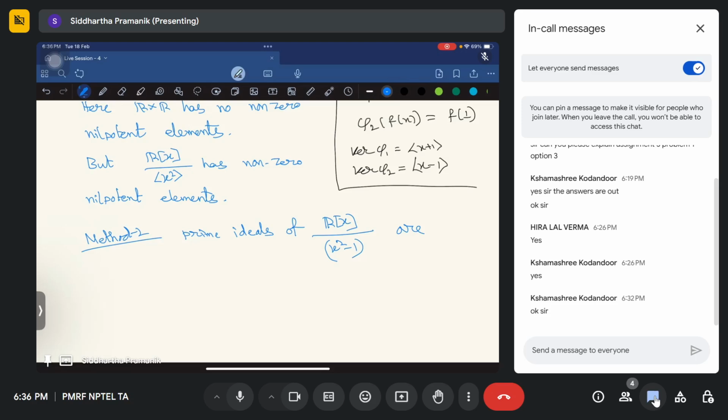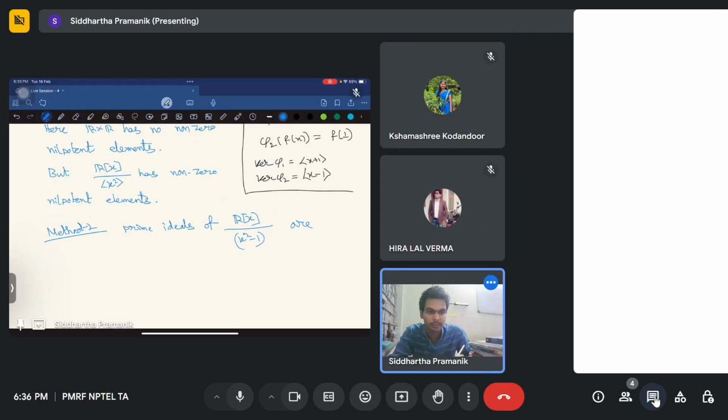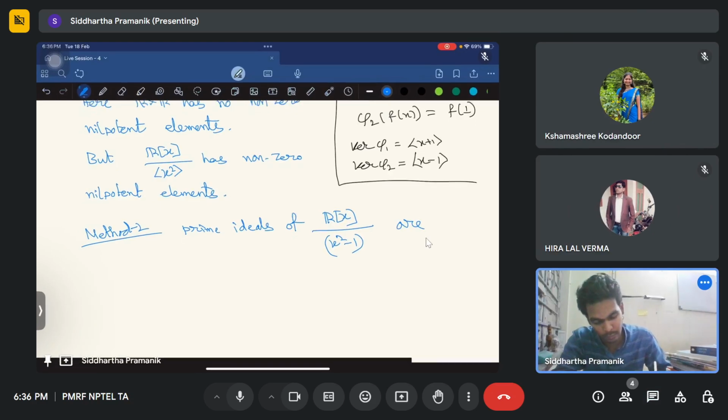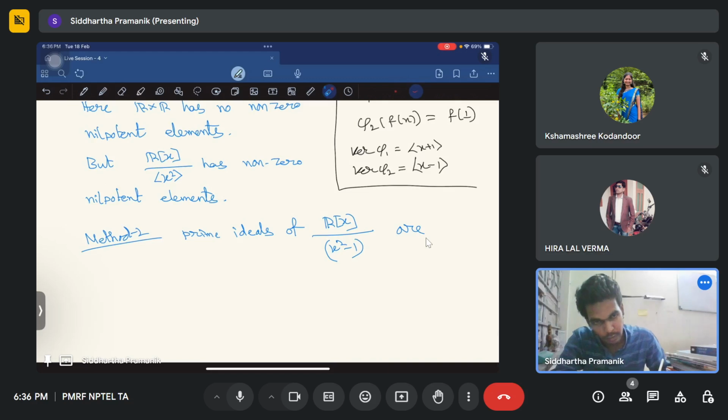Or maximal ideals, at least if you can say. So ideals of this quotient are basically ideals of R[x] which contain x^2 - 1.